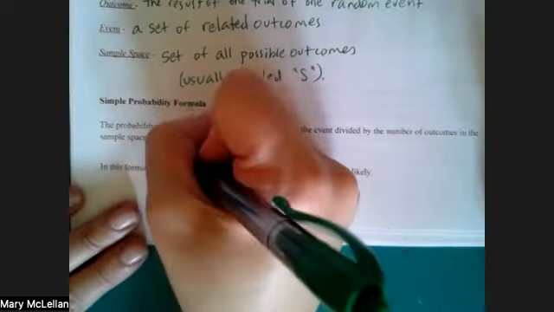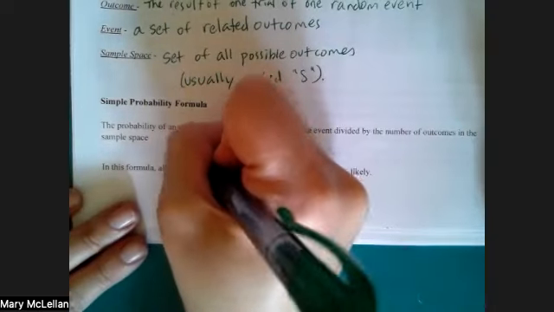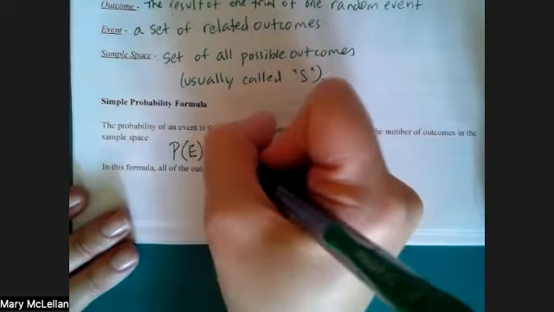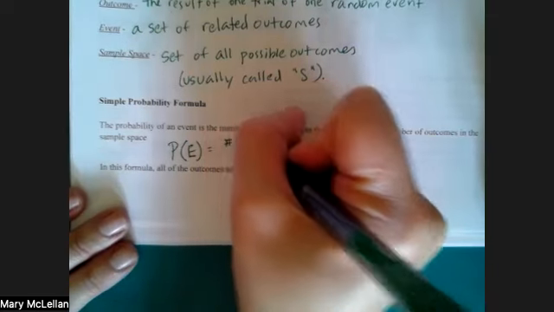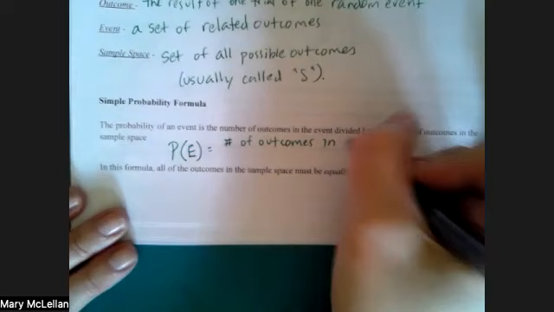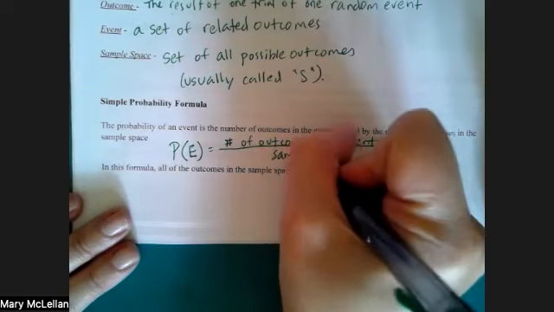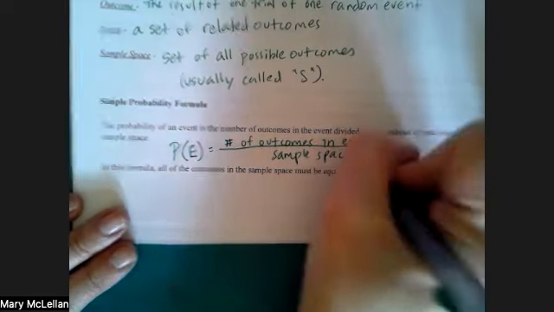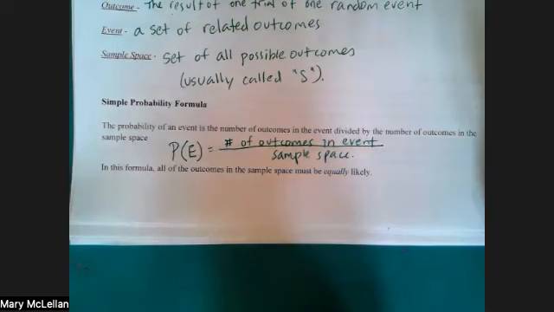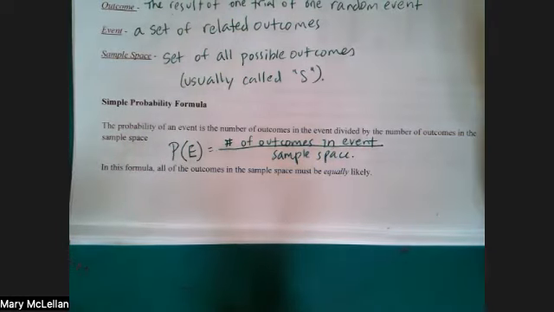And we say in notation, P of E equals number of outcomes in the event divided by the sample space. And that's not totally accurate because I should really be saying the number of outcomes in the sample space, but this is usually how we would write it. Okay, next page.